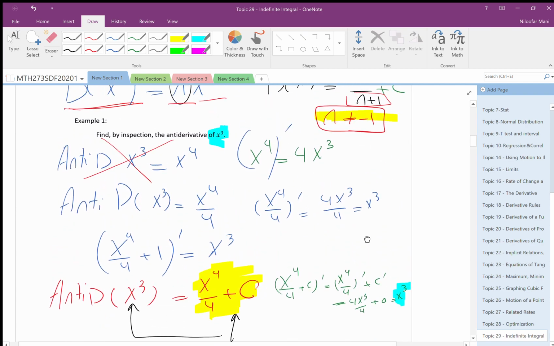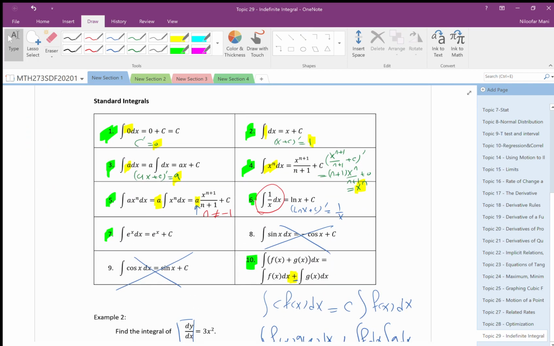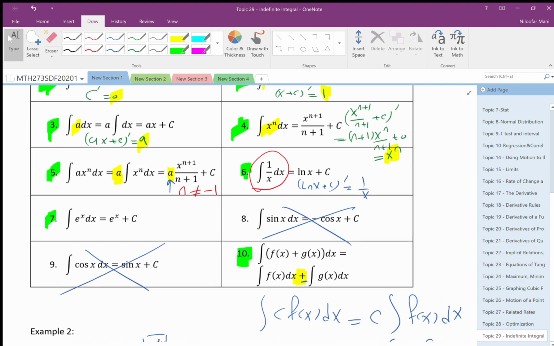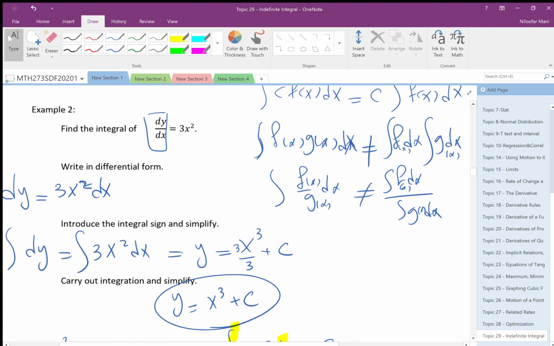We did it for one example, then I explained, then we saw these things, so we can use them. Remember, again, n cannot be minus 1. For n equal to minus 1, the integral of 1 over x, which is the integral of x power minus 1, is ln x.